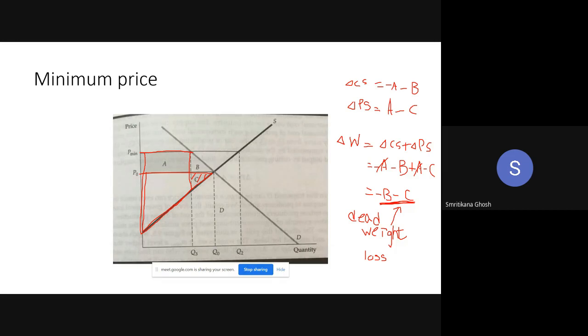The government is not thinking about social welfare loss, deadweight loss and all this. He is just helping the producer by increasing the price. But because of that, the producers are getting the loss. The social welfare loss is, look, very natural.